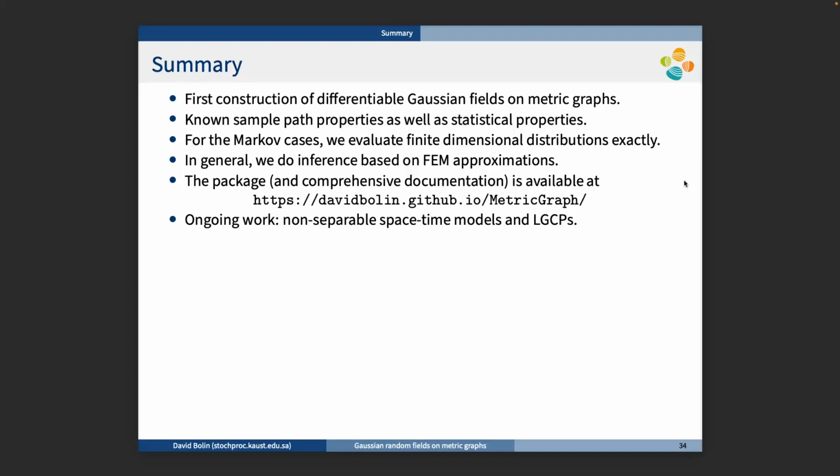So if you have data that is essentially presence-absence data, like if you model, say, traffic accidents, then you don't really have a numerical value for the observations, but it's just the fact that you have an accident or not that is the data point. And a popular statistical model for this are these so-called log Gaussian Cox processes, where we're now working on studying such models.